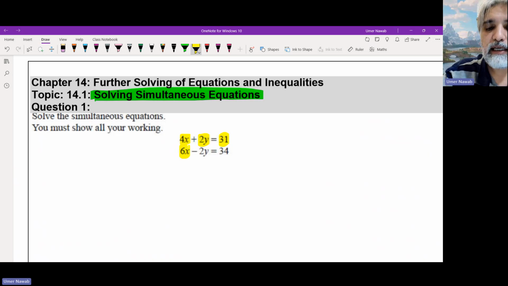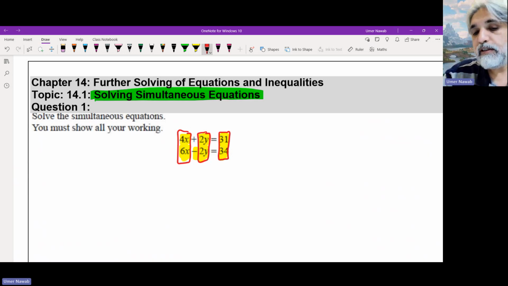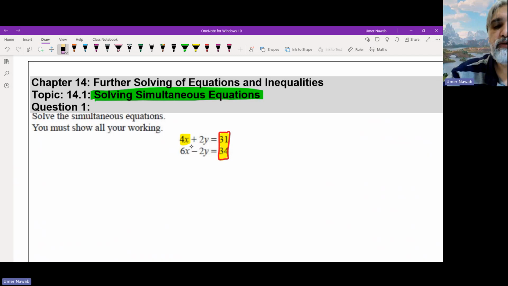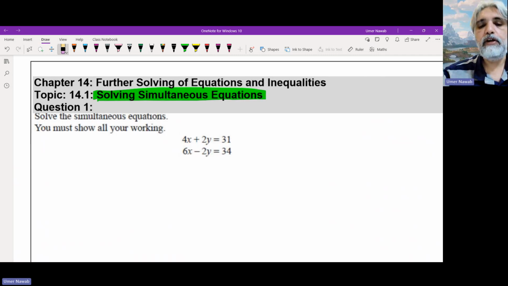And the second is 6x minus 2y equals 34. I would prefer you write x terms under x, y terms under y, and constants on the other side. So if this order is followed, then you will make the question much easier and more convenient for you.